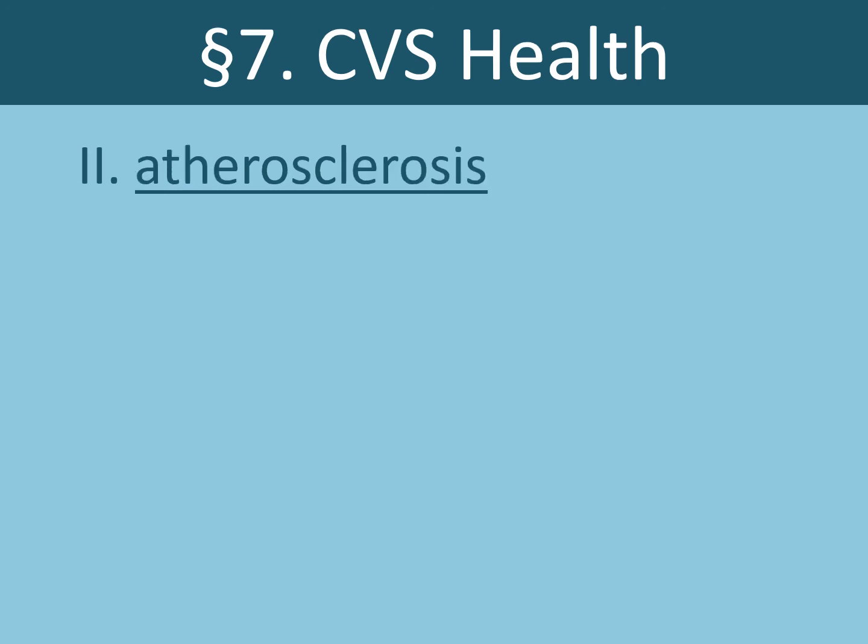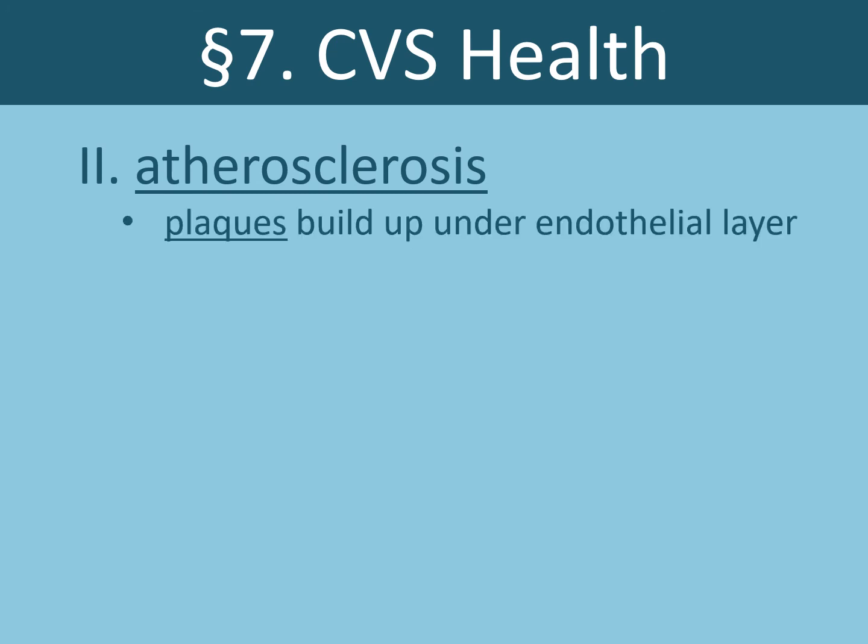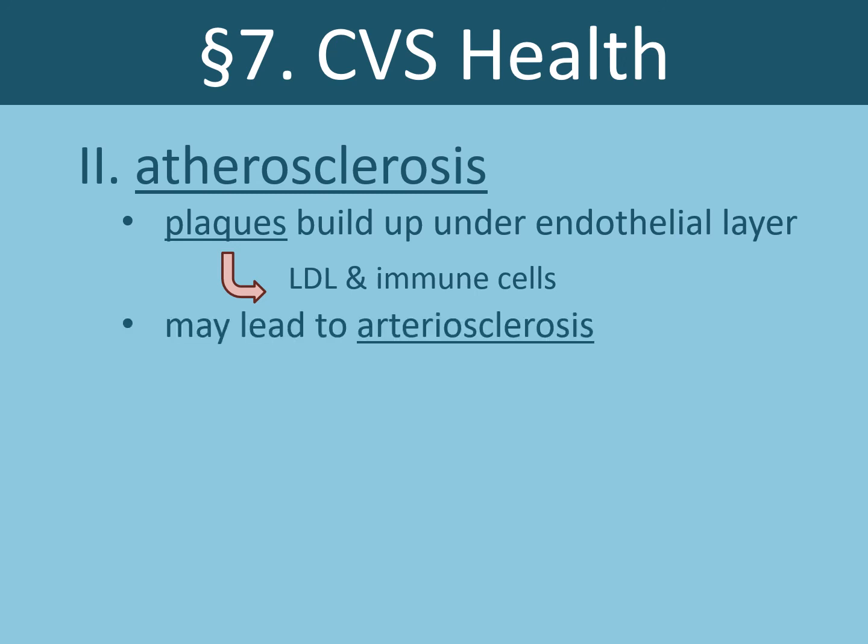Another major health problem in the cardiovascular system is atherosclerosis. Atherosclerosis is the buildup of plaques underneath the endothelial layer of our blood vessels. Plaques are composed of LDL, low-density lipoprotein, and immune cells. Atherosclerosis may lead to arteriosclerosis, which is a hardening of the arteries. The suffix sclerosis means to harden.